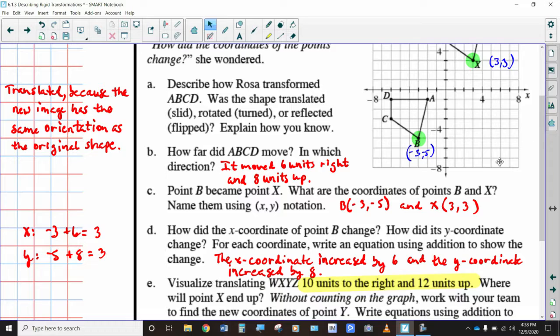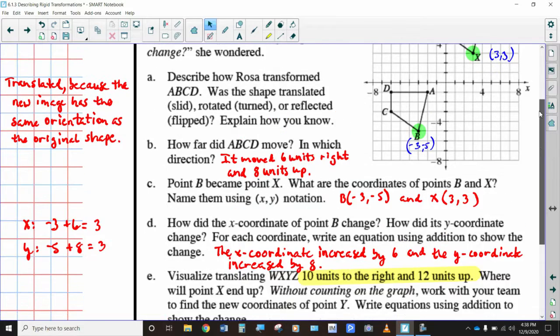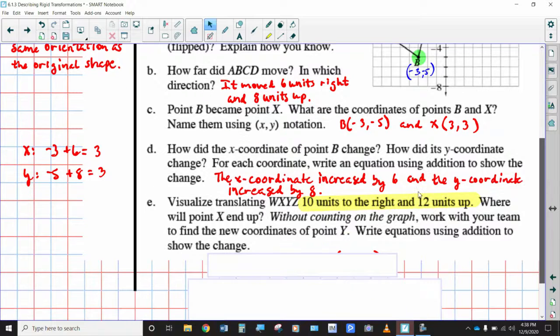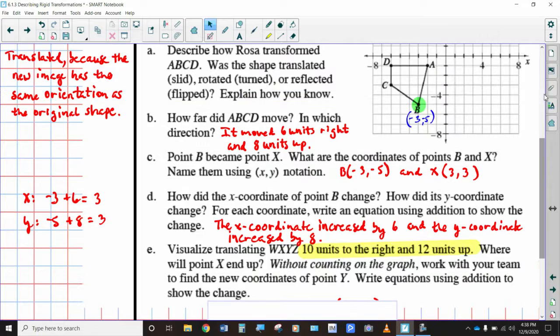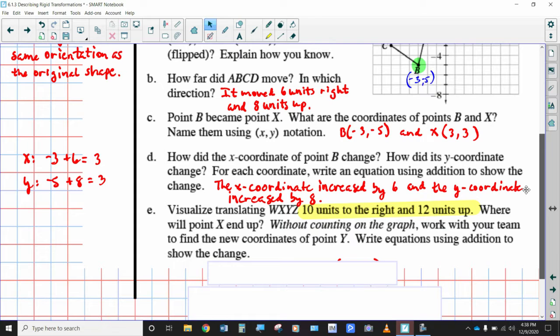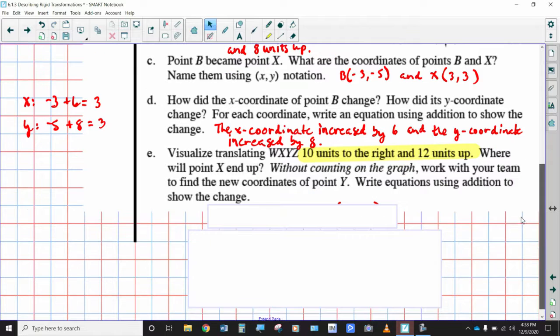So it says visualize translating this particular shape, WXYZ, 10 units to the right and 12 units up. So, we can't actually show that on the coordinate grid because it's going to go off the coordinate grid. So this is one of those situations where it's handy to use coordinate notation.